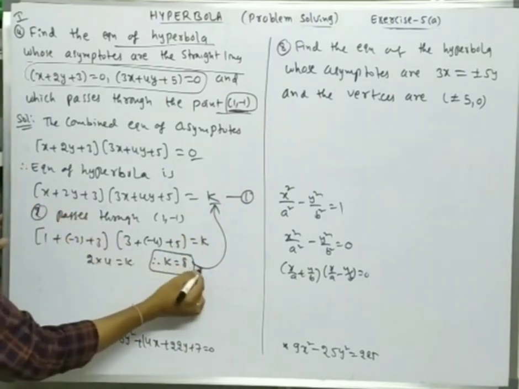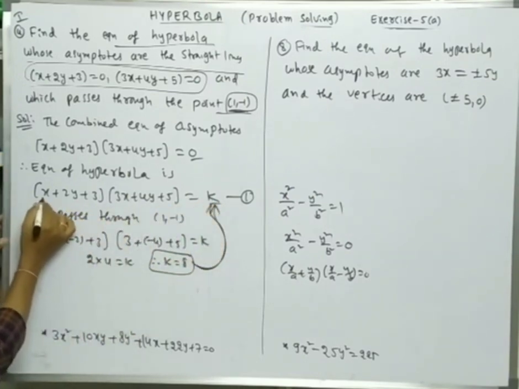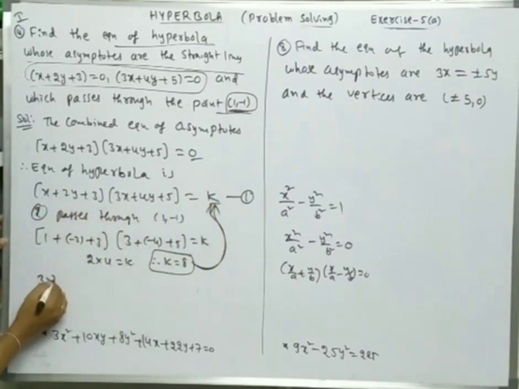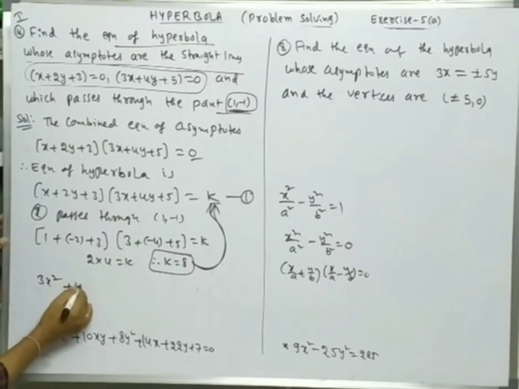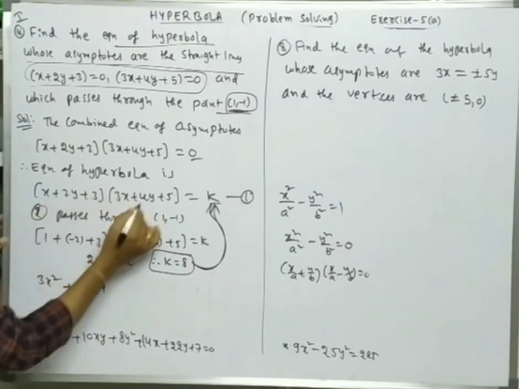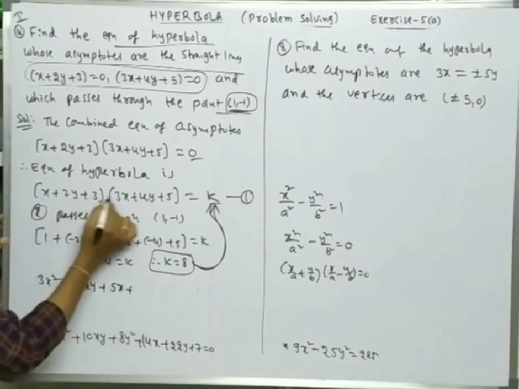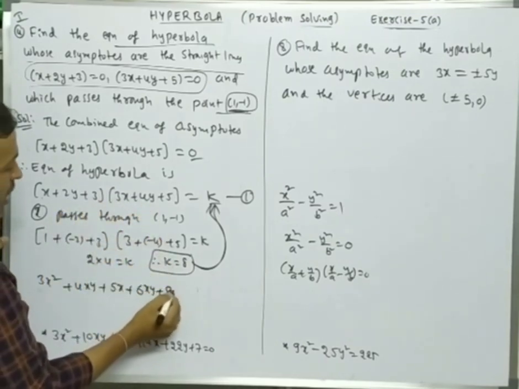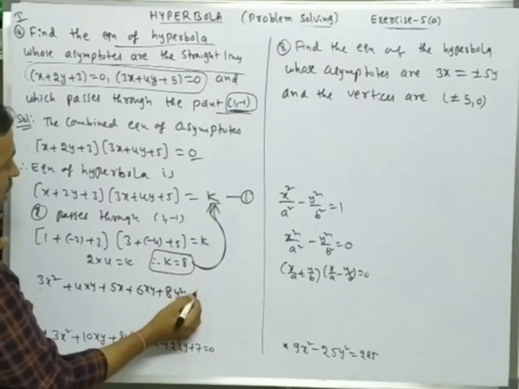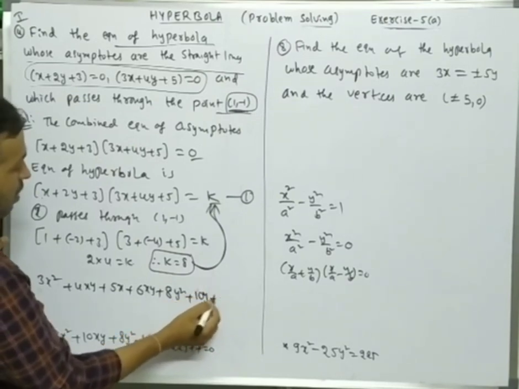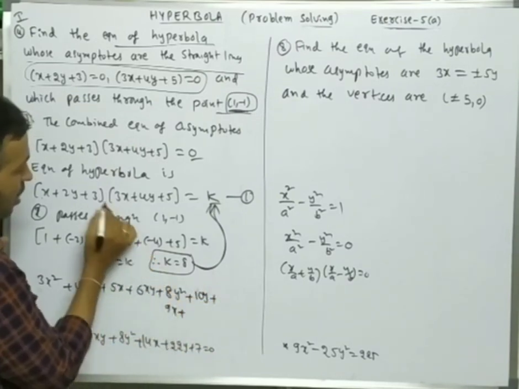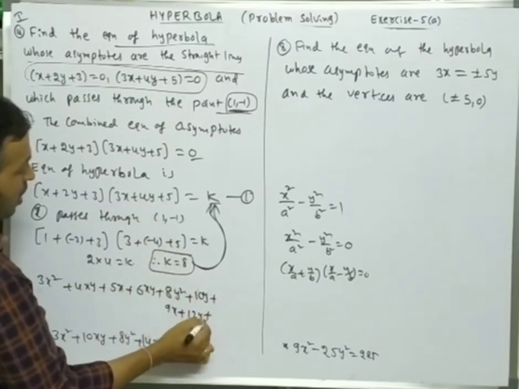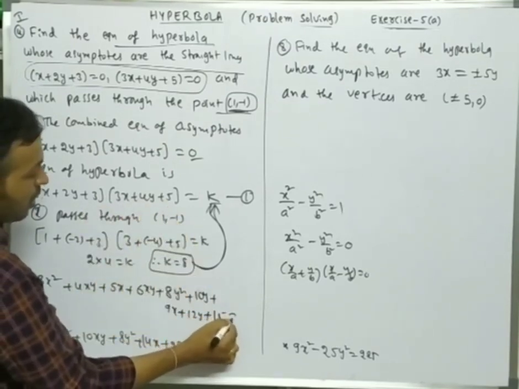Now substitute and simplify. x into 3x is 3x squared, x into 4y is 4xy, x into 5 is 5x, 2y into 3 is 6xy, 2y into 4y is 8y squared, 2y into 5 is 10y, 3 into x is 3x... 3 fours are 12y, 3 fives are 15, equal to k.